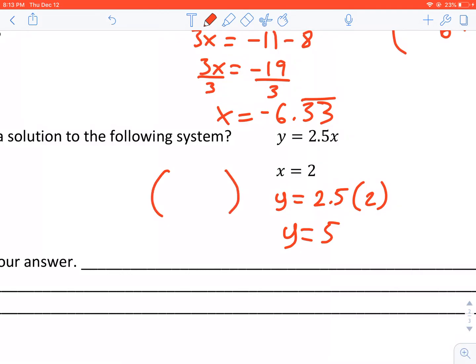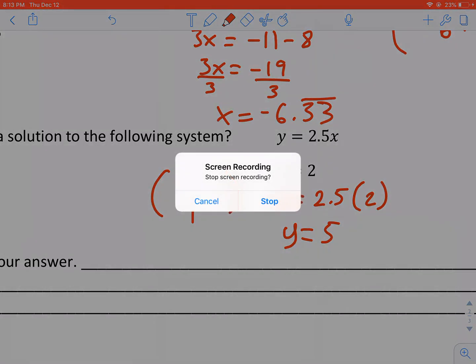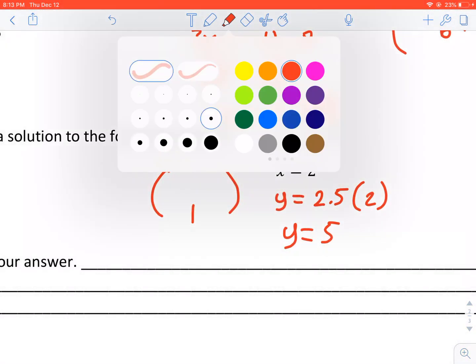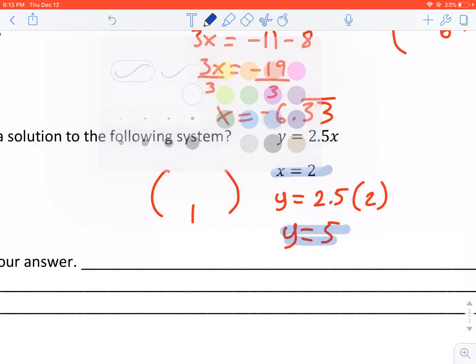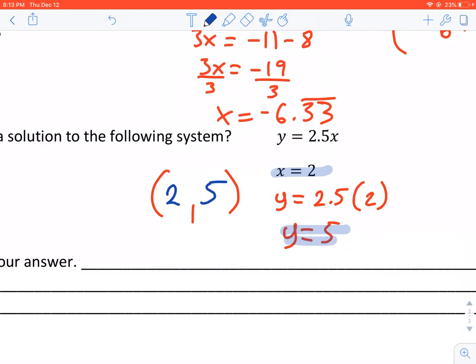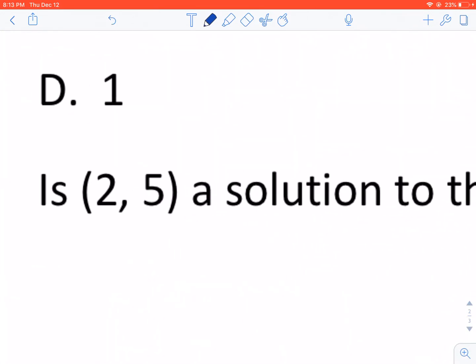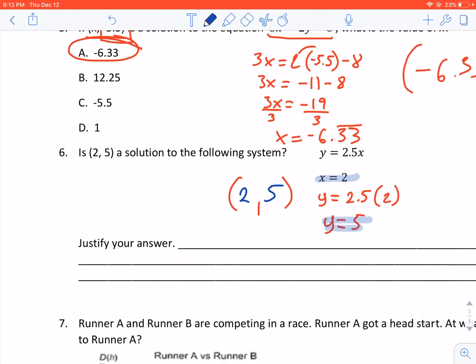So if we create our point right there, this is the first part of the point and this is the second part. So this should be 2 at the x, and then 5. Is that what it's saying right there? Yes, it is.